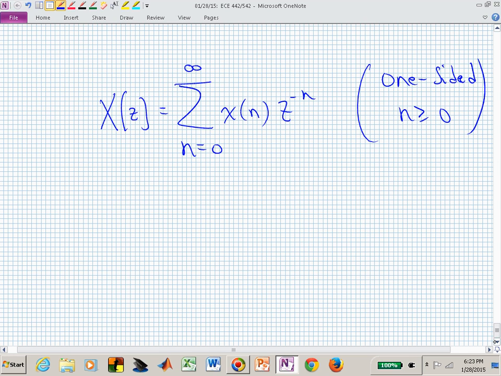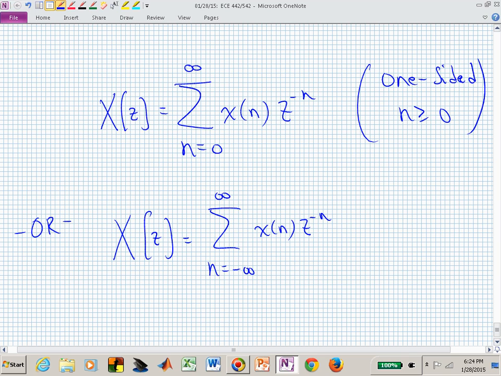If somebody said, well, I have a waveform that's non-zero for negative time and positive time, then you could also define another z transform that's two-sided.